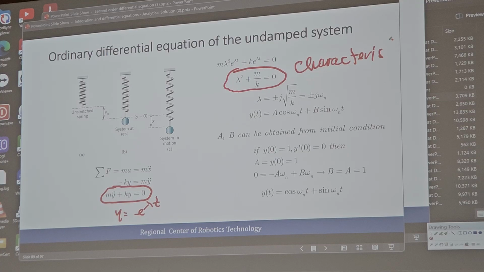The root of this one will be imaginary. So alpha is 0, so you have this sine cosine, right?